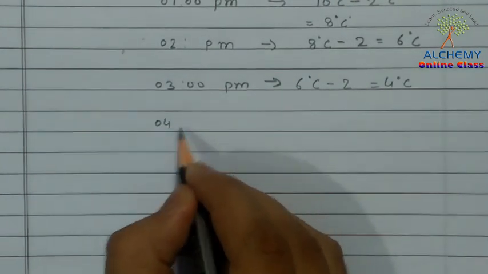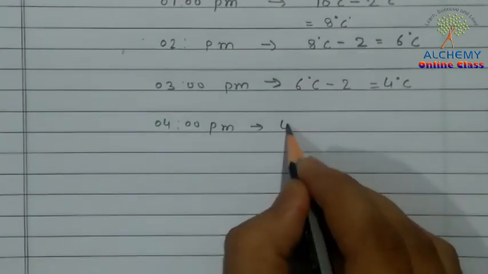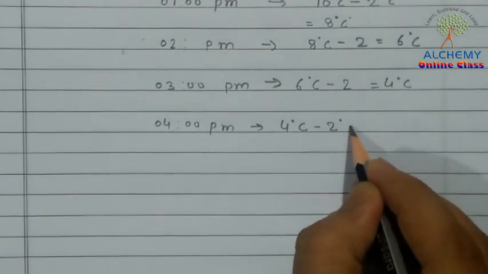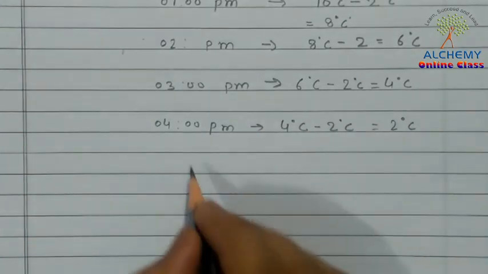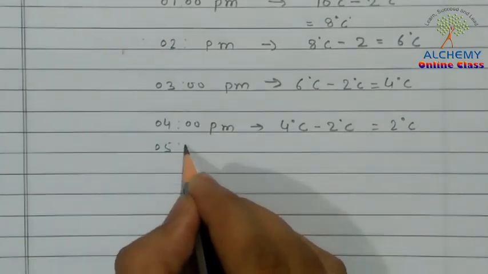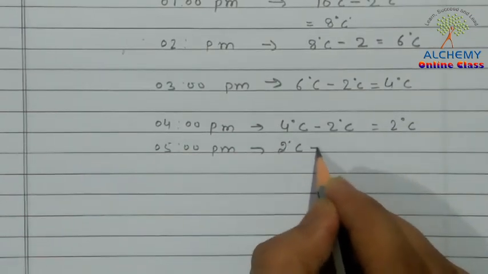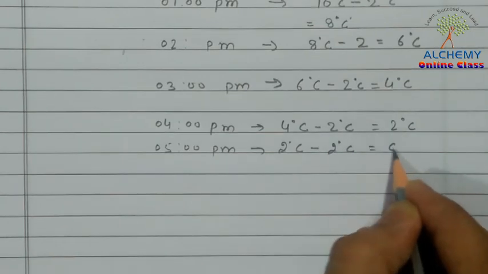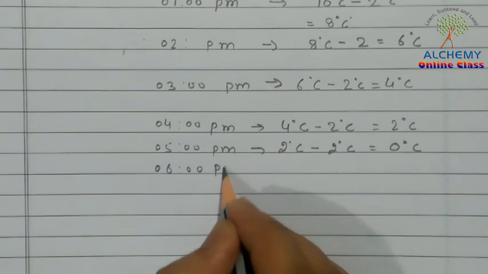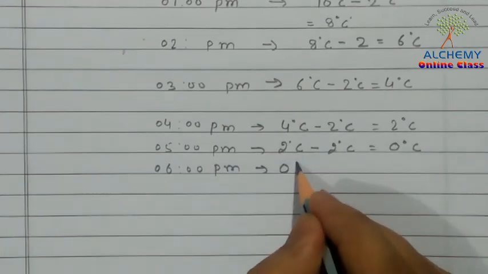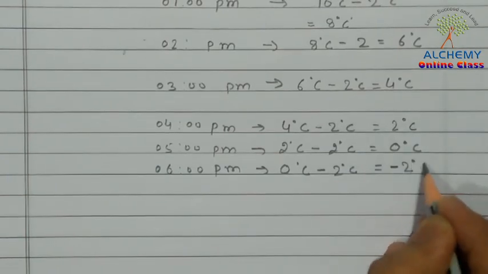At 4 p.m. it will be 4 degrees Celsius minus 2 degrees Celsius. It will be 2 degrees Celsius. At 5 p.m. it will be 2 degrees Celsius minus 2 degrees Celsius is equal to 0 degrees Celsius. At 6 p.m. it will be 0 degrees Celsius minus 2 degrees Celsius is equal to minus 2 degrees Celsius.